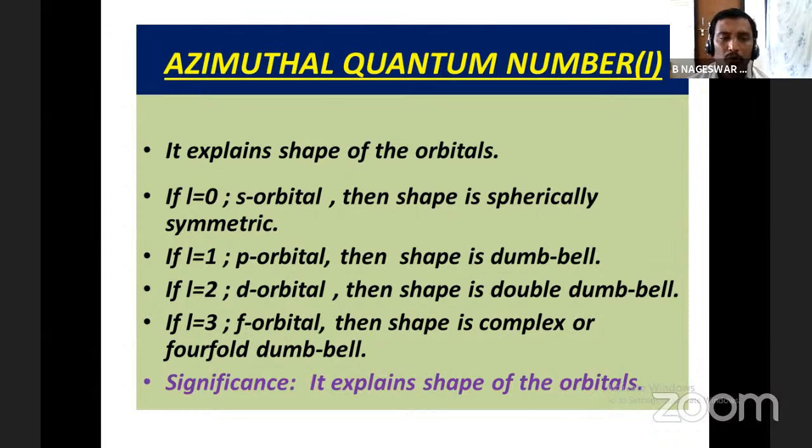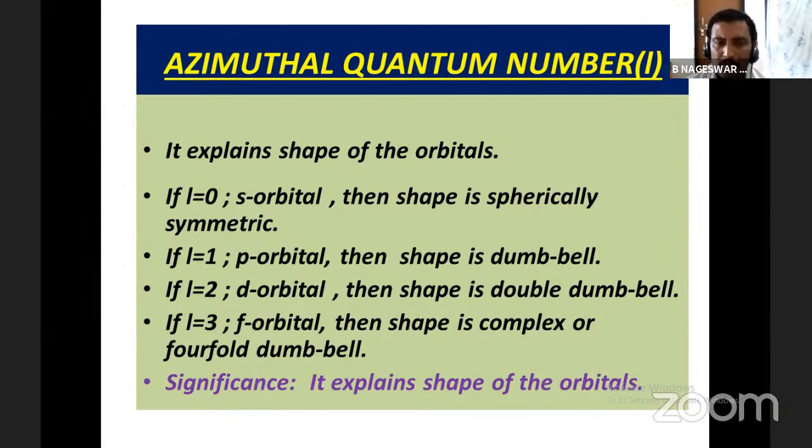L is equal to 2, d orbital. L is equal to 3, f orbital. s, p, d, f, so we are starting from 0. L is equal to 0 means s orbital, L is equal to 1 means p orbital, L is equal to 2 means d orbital, L is equal to 3 means f orbital.